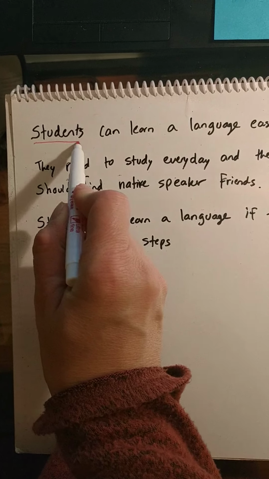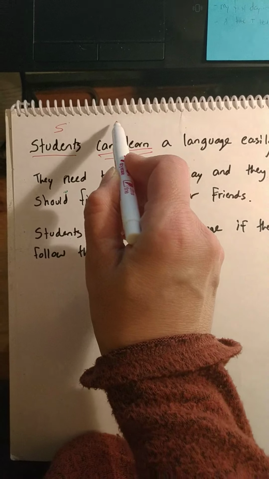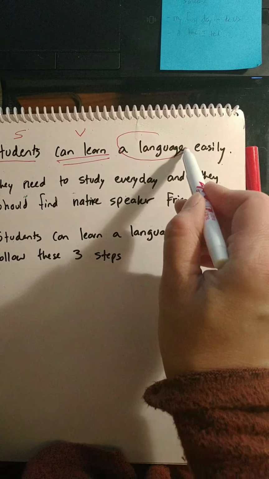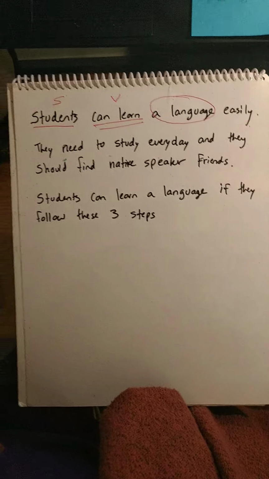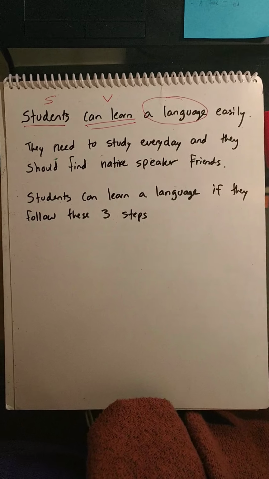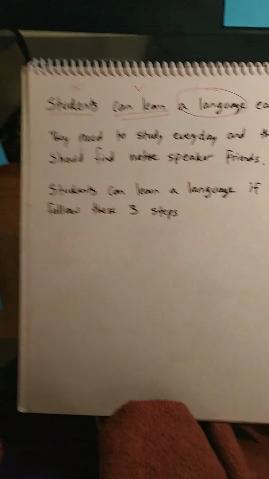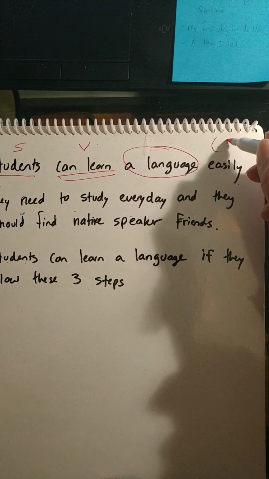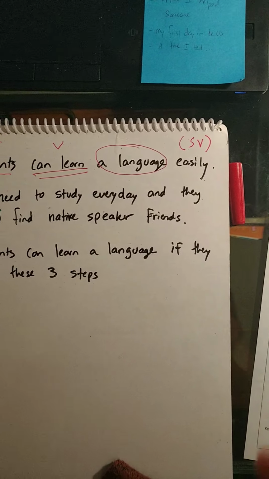So students is the subject, can learn is a verb, and then a language is the object, and easily. So this is a simple example of a simple sentence, right? And our pattern, I should have left room for this, is subject verb. That's it, that's the pattern.